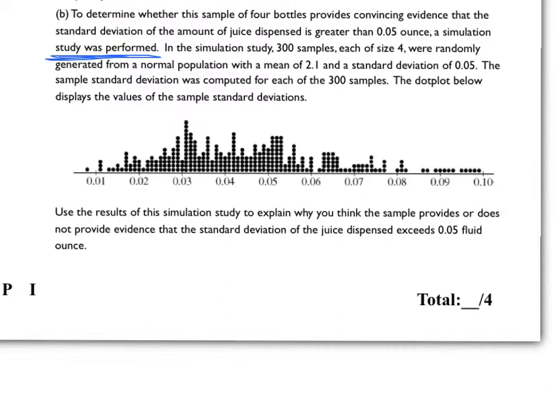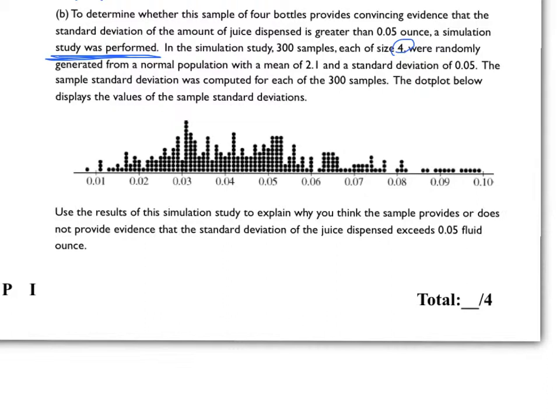But nonetheless, in the simulation study, 300 samples, each of size 4 again, were randomly generated from a normal population with a mean of 2.1 and a standard deviation of 0.5. This sentence you might want to read a second time.